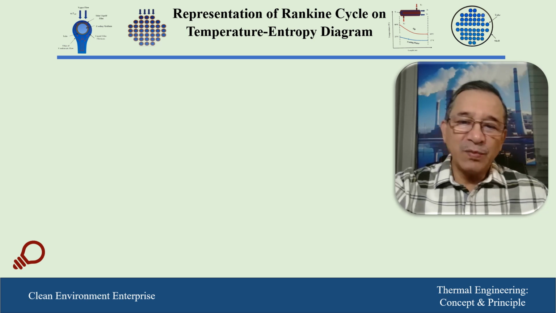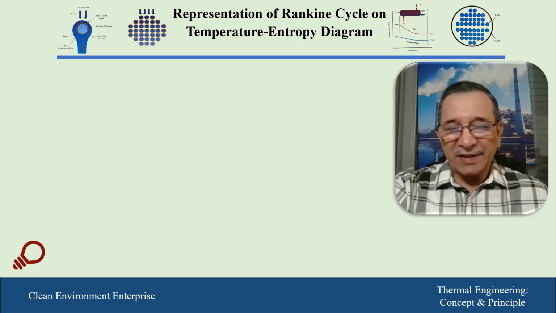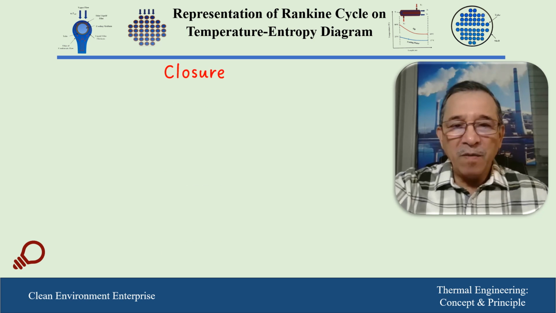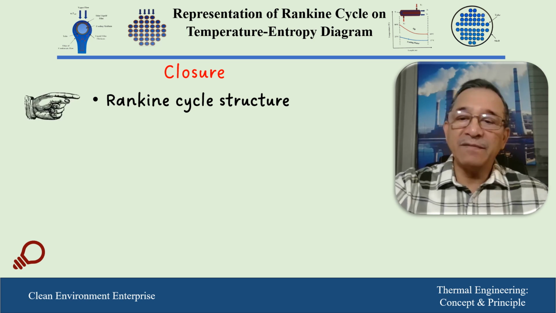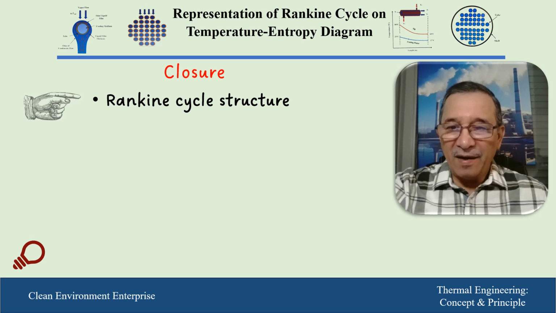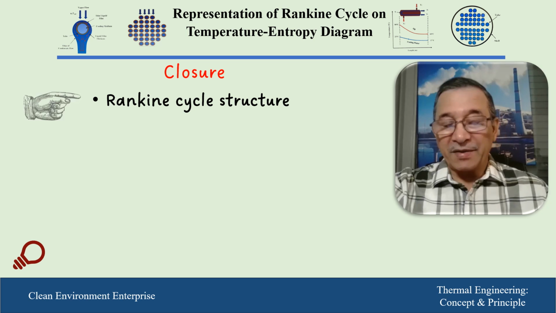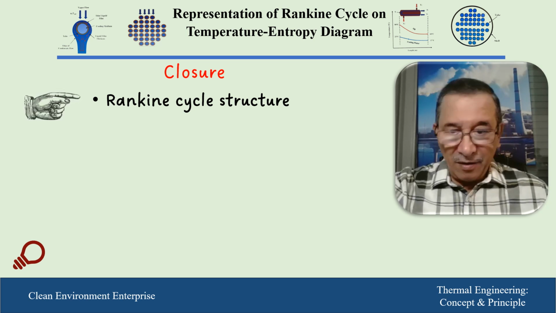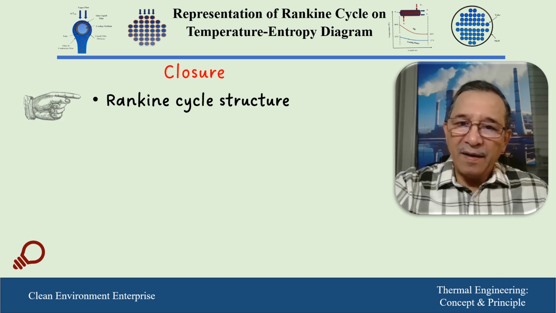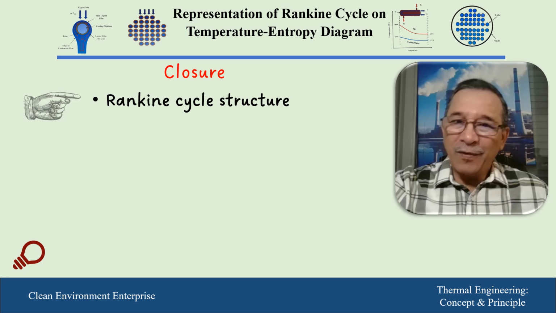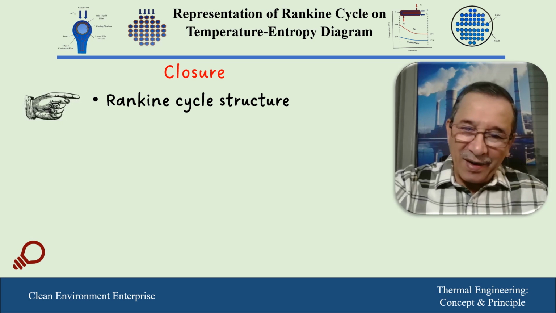Now, my friends, we have arrived at the closure for the present video. We passed through the Rankine cycle structure, and we have described the components or the major parts of the Rankine cycle, which are represented by the boiler, turbine, condenser, and pump. Of course, this is the simple Rankine cycle.